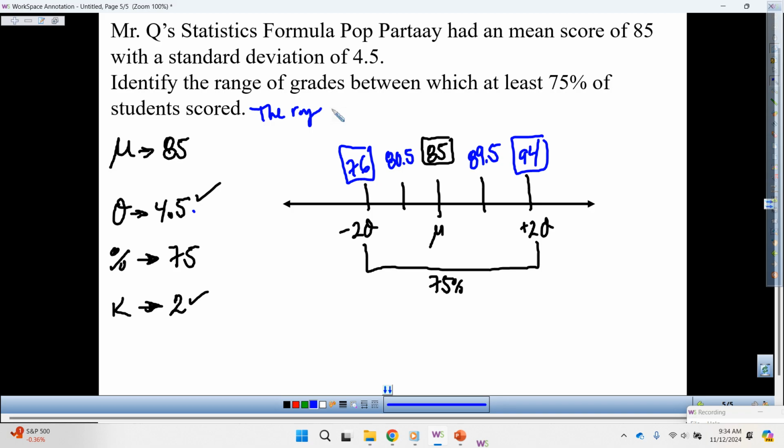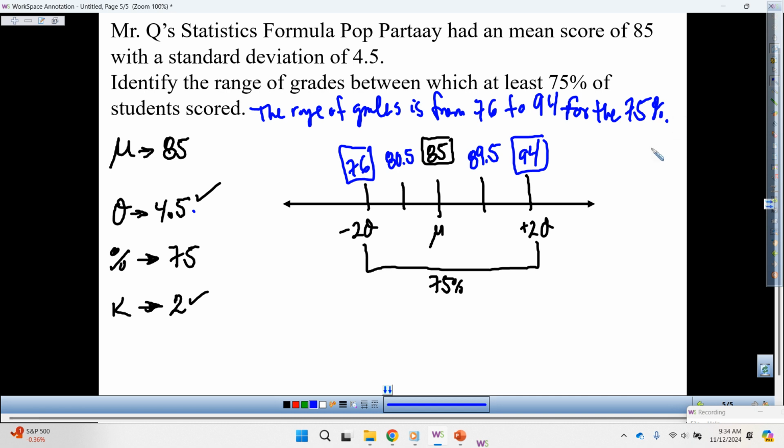The range of grades is from 76 to 94 for the 75%, or the normal distribution.